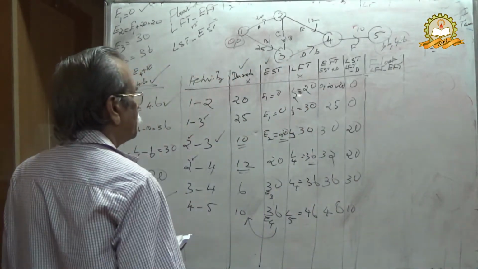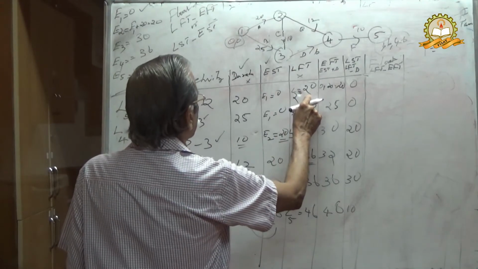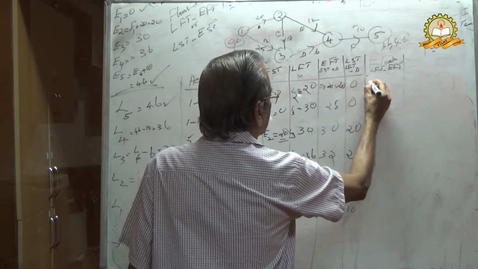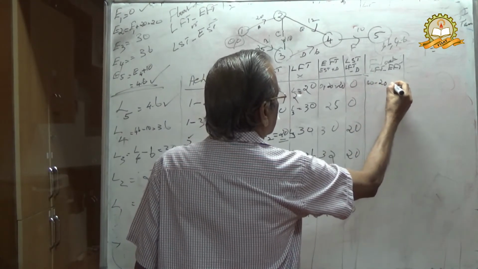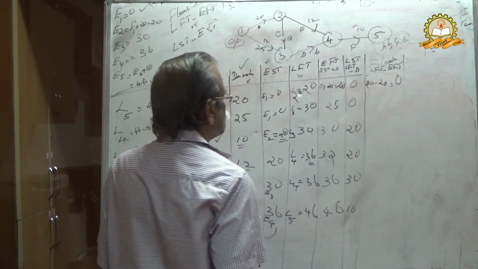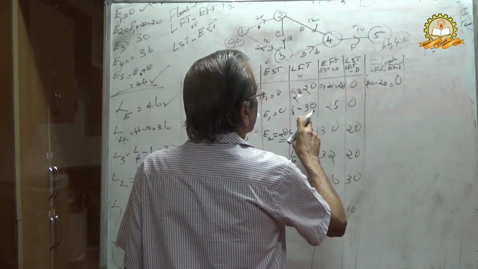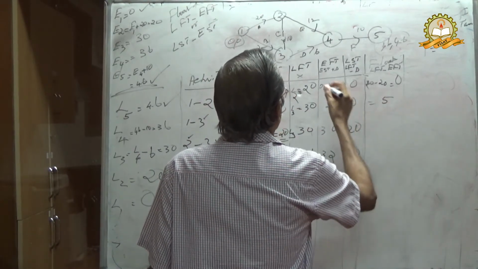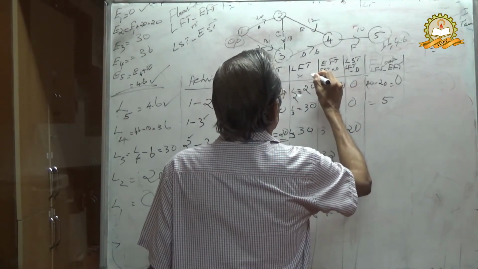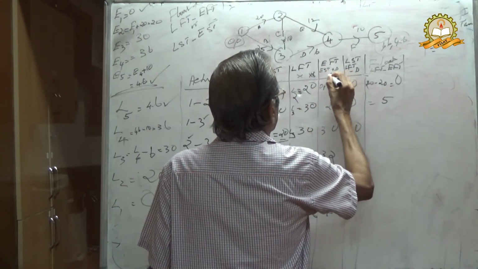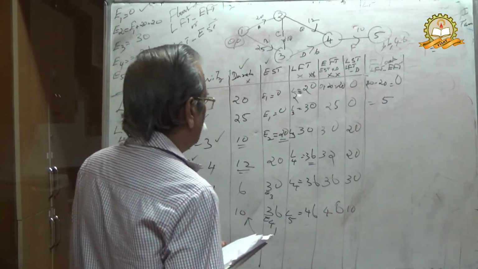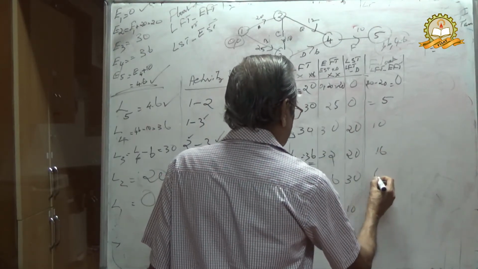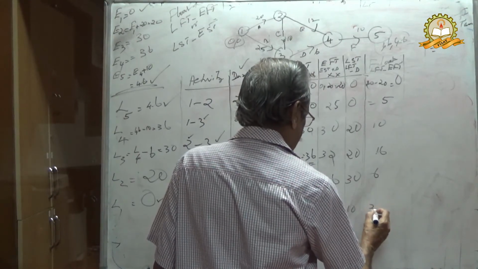LFT 20 minus EFT 20, 20 minus 20 is 0. Then 30 minus 25, 5. You are considering this column and this column. Here it is 10, 16, 6, 36.